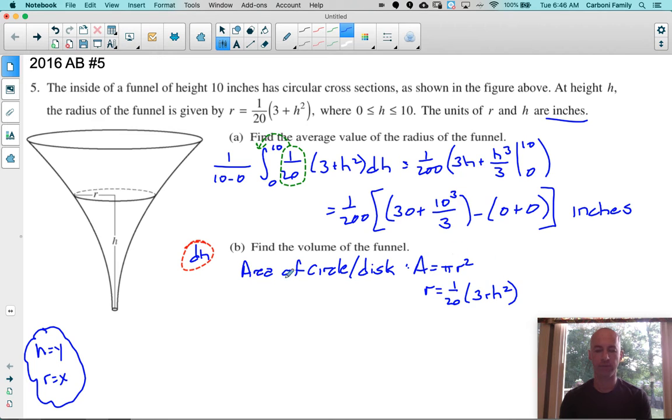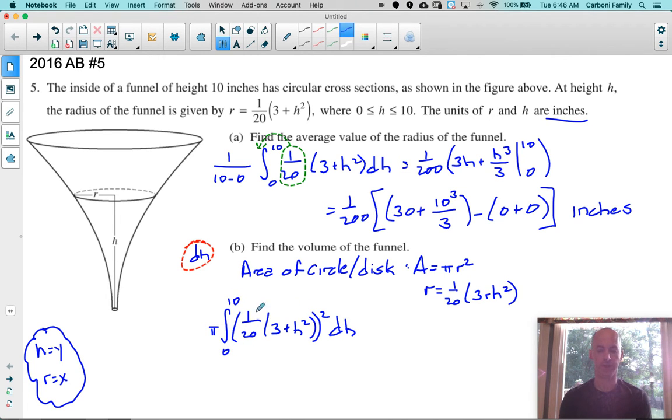And all we have left to do to get the volume is we measure that area. I'm going to pull the pi out. R is 1/20th of 3 plus h squared. We're going to square that, and then we're going to measure it from 0 to 10.